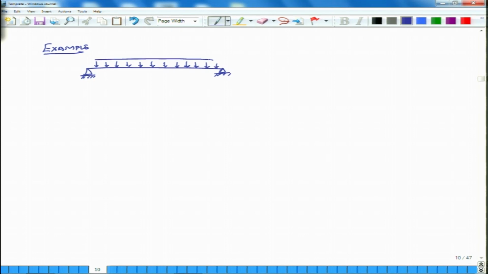So, the load intensity is Q. The origin is in the center, and the vertical displacement is Z. The overall length of the beam is L. So, this is x is equal to minus L over 2 and x is equal to L over 2.